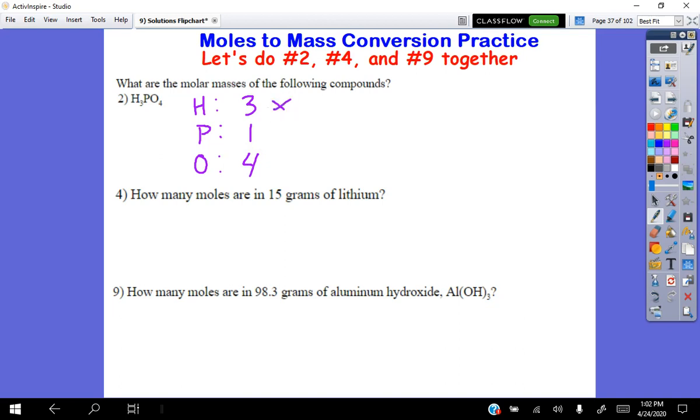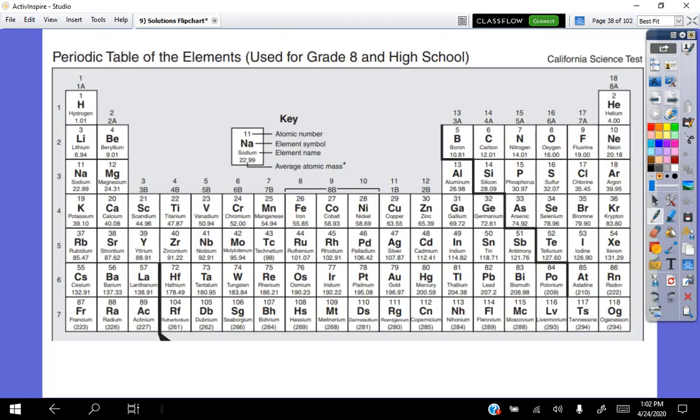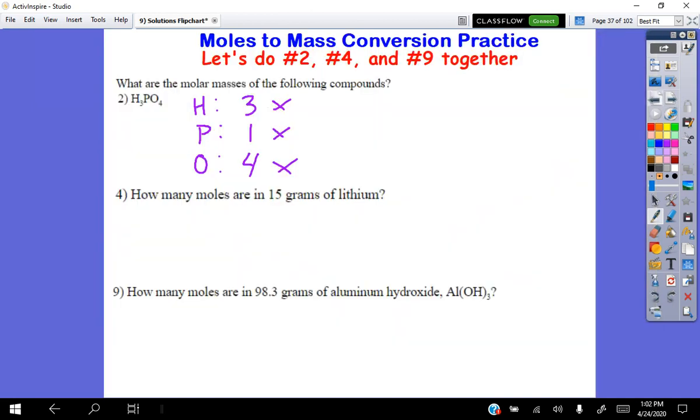I'm going to multiply each of those numbers by the mass of the atom on the periodic table. On my periodic table, I see hydrogen has a mass of 1.01, and you can write in units of grams per mole for now, 1.01 grams per mole.